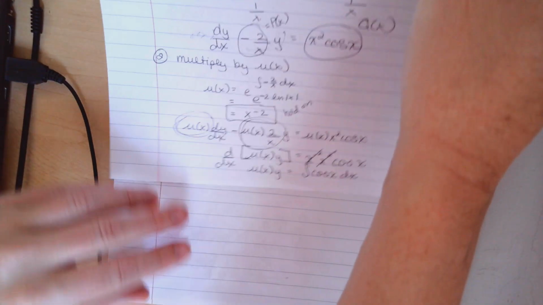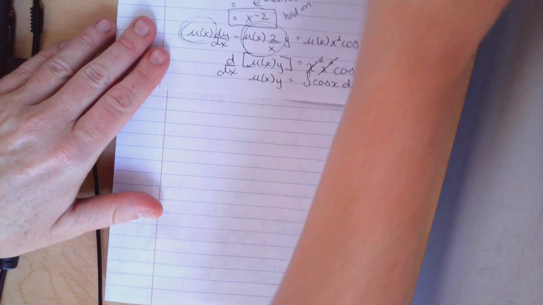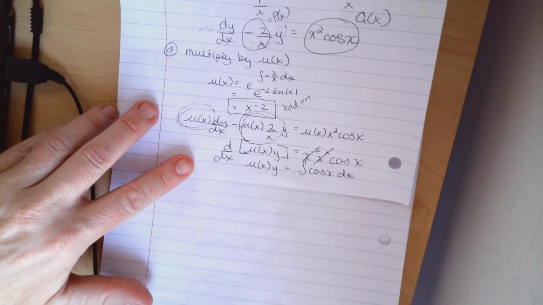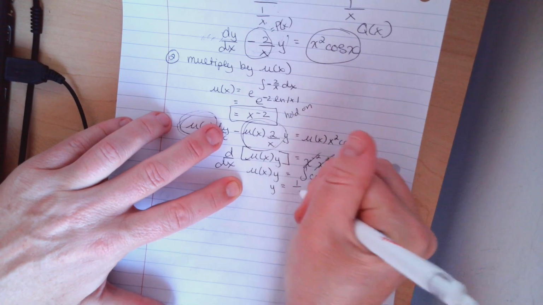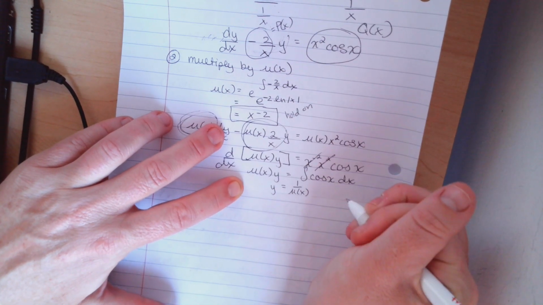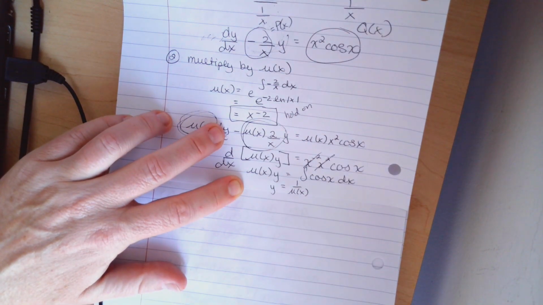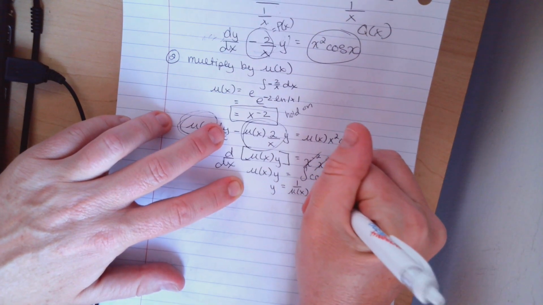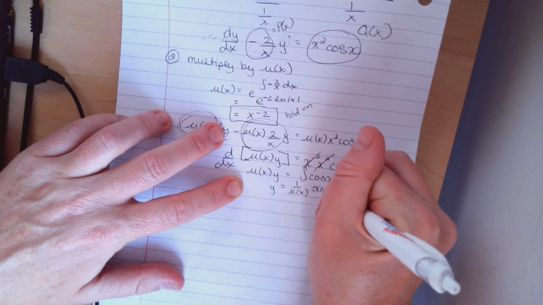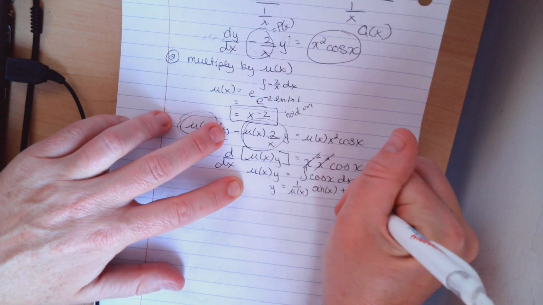Okay, let's see. Y is going to equal 1 over u(x). What's the integral of cosine x? Sine x plus c.